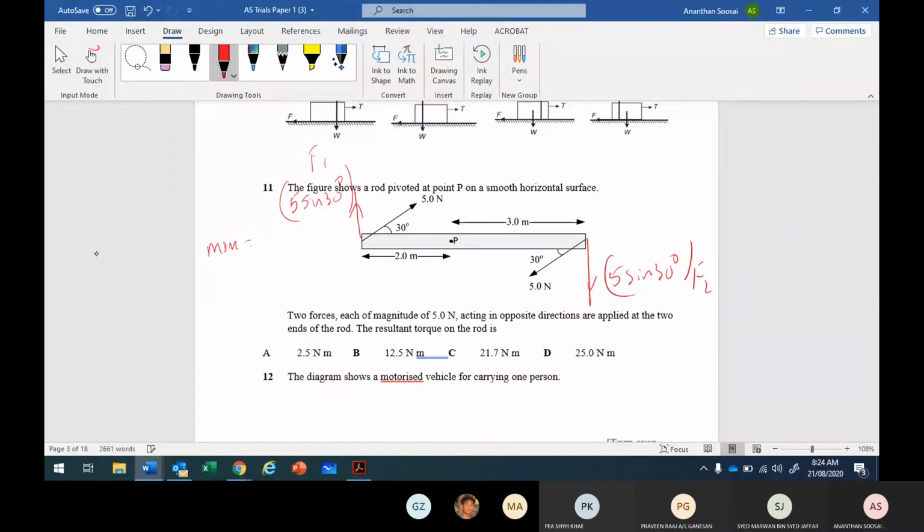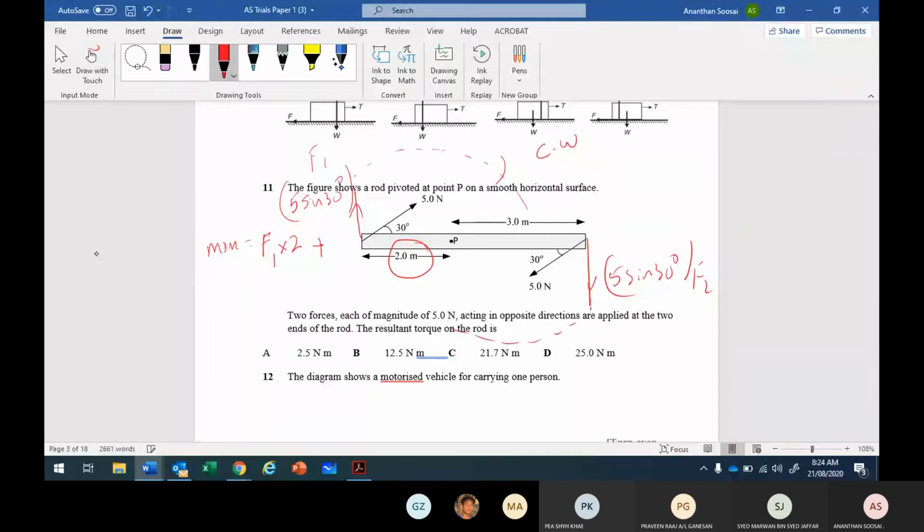So the moment caused by F1 is F1 times the perpendicular distance, which is 2 meter. Going around the pivot, F1 is a clockwise moment.